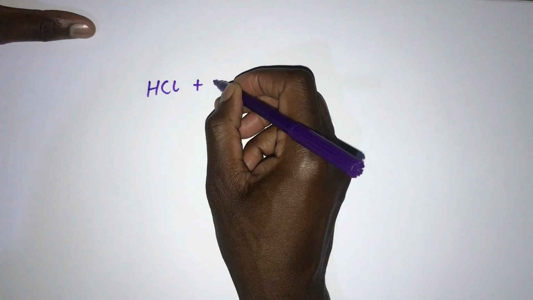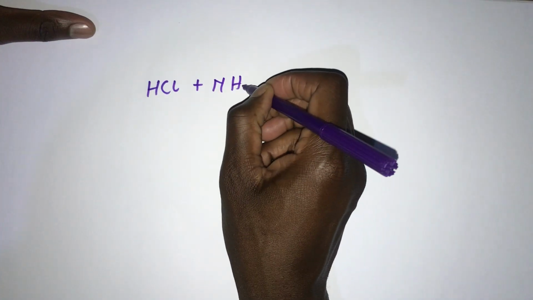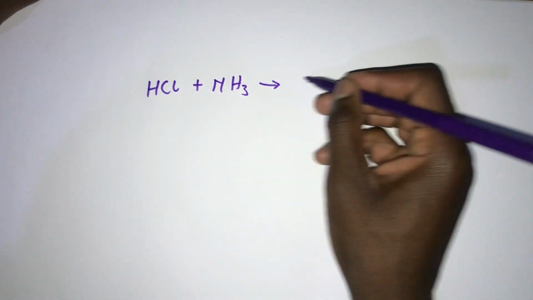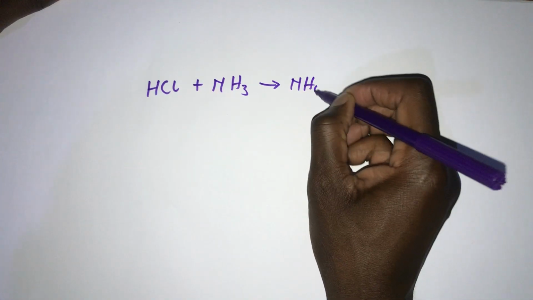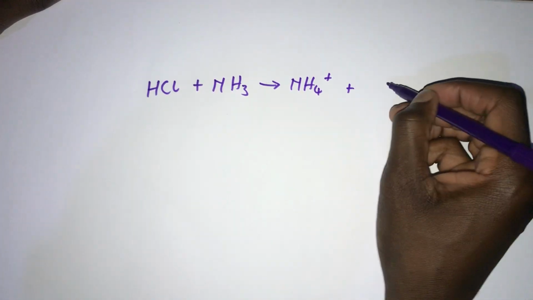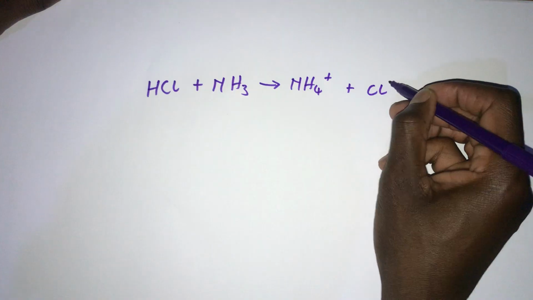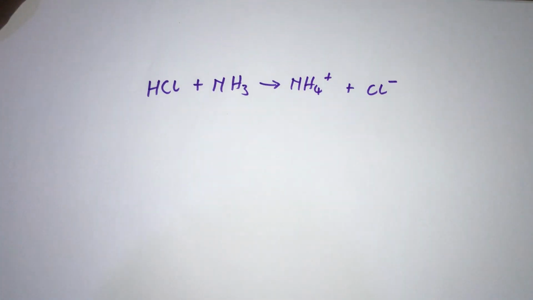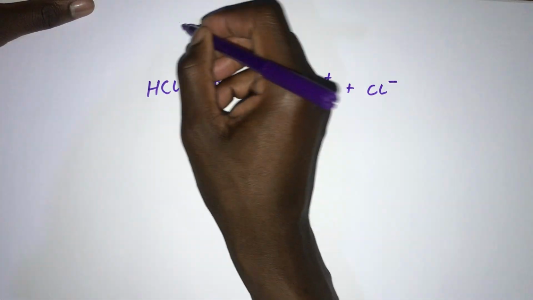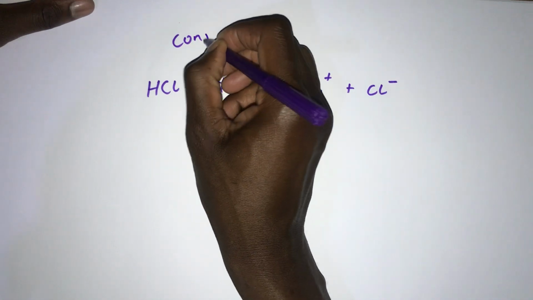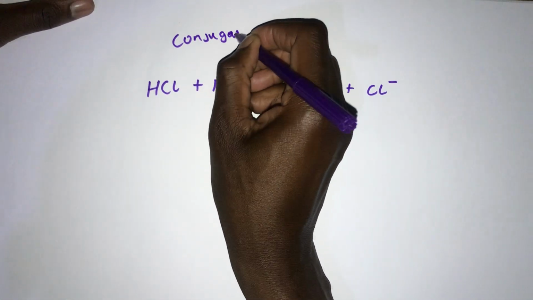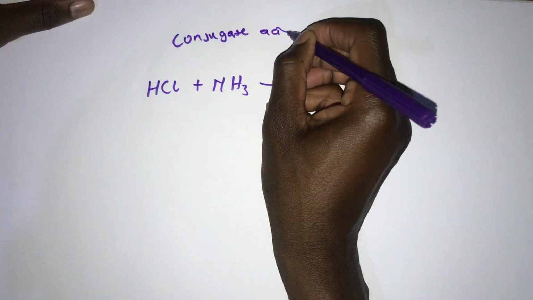HCl plus NH3 gives us NH4 plus and Cl minus. So we have what you call a conjugate acid base.